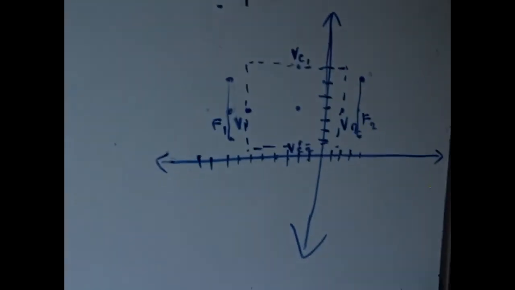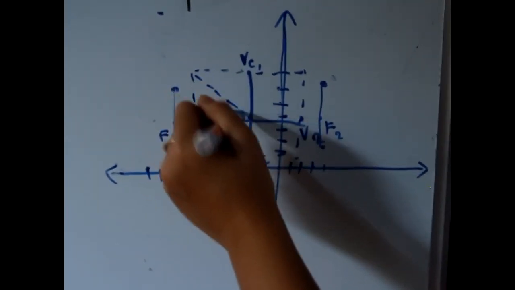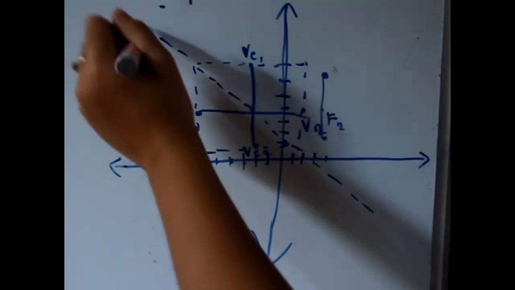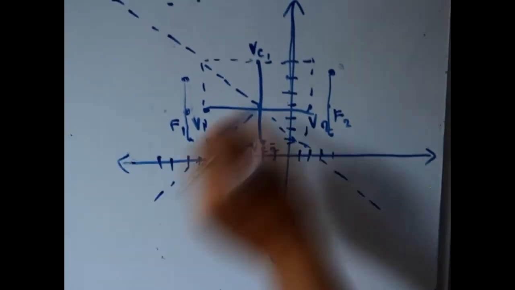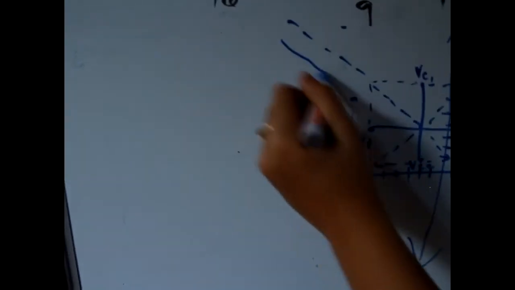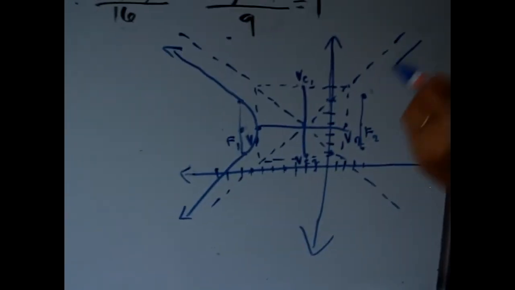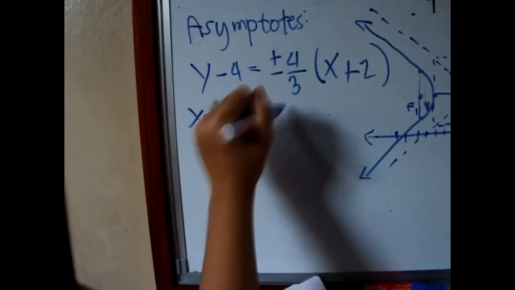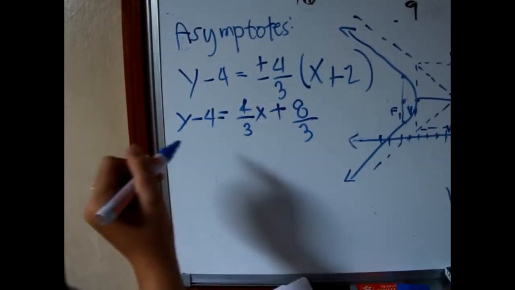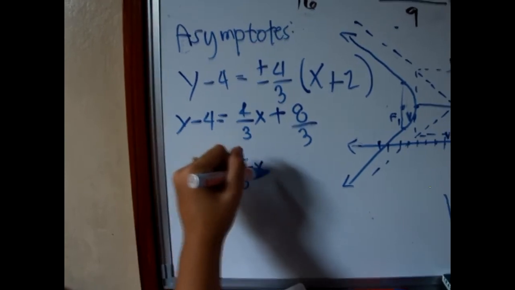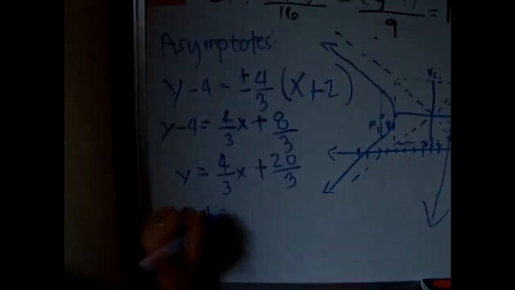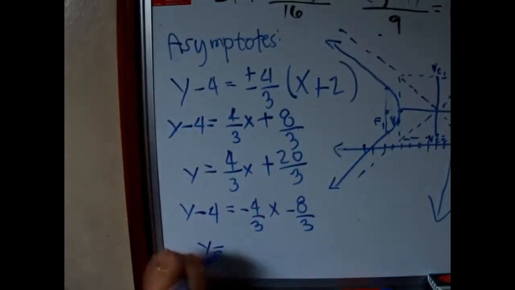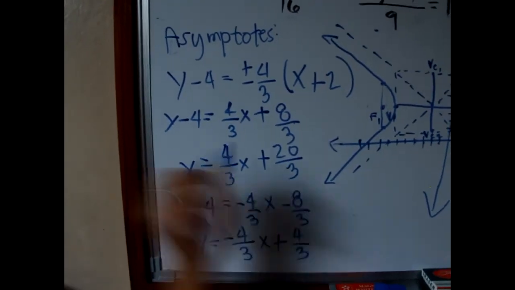Then we have to draw the asymptotes of the hyperbola. Then graph our hyperbola. The equations of our asymptotes are y equals 4/3 x plus 20/3, and y equals negative 4/3 x plus 4/3.